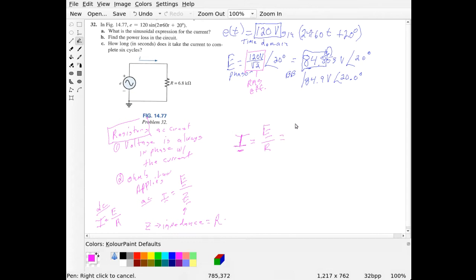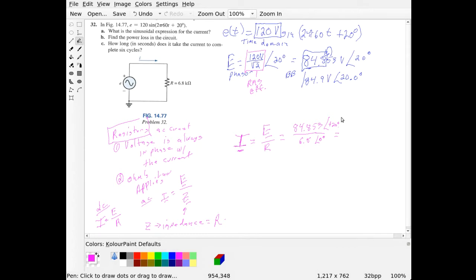And so we have our 84.853 divided by R, which was 6.8K. The angle of the resistance is 0 degrees, but the angle of the voltage was plus 20 degrees.